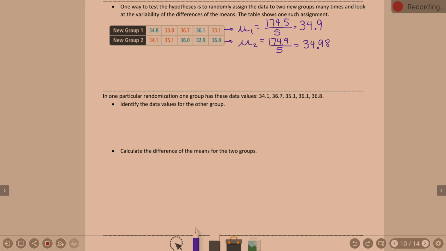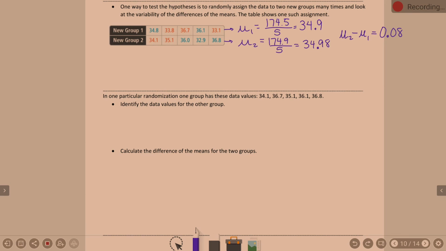What is the difference between these two? If you subtract the average of group 2 minus the average of group 1, you get 0.08, right? What is that saying? The additive's not doing much. If there's no difference in the groups with and without the additive, then the differences between the groups will be closer to 0.